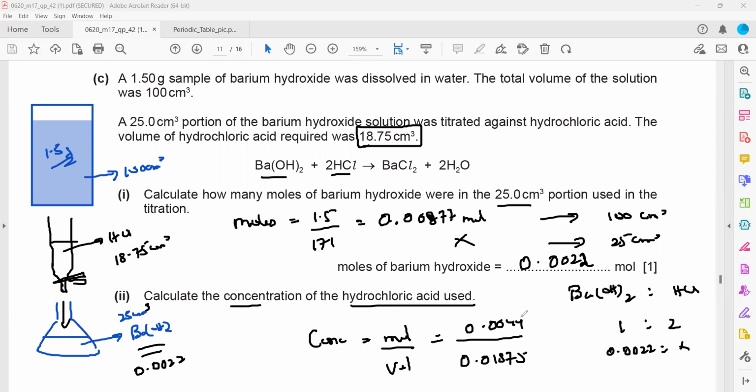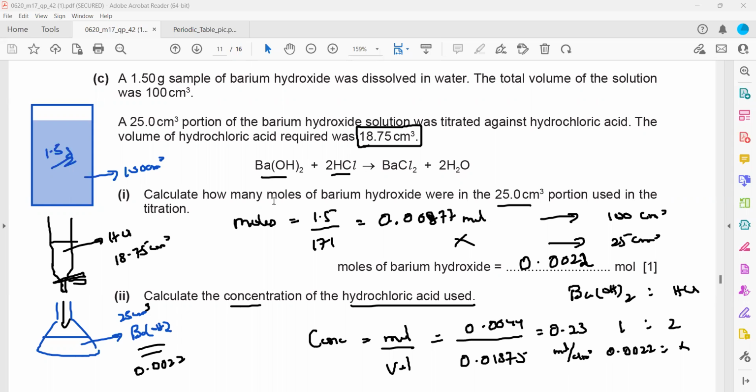So 0.0044 divided by 0.01875. What's the answer? This will give us the concentration, 0.23 moles per decimeter cube. So that's how we work out the concentration.